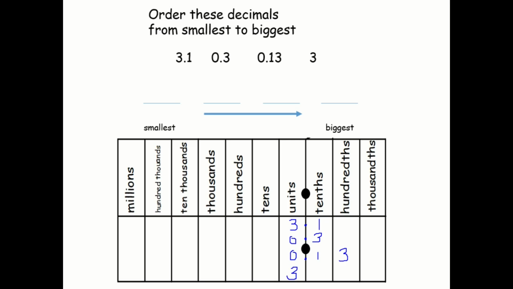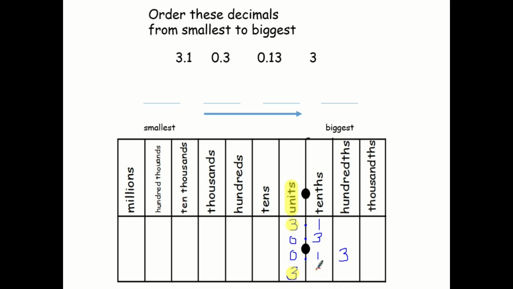Okay, so I'm going to look first at my units column. Well, I've got a 3, a 0, a 0 and a 3. Okay, so I've got two numbers that have got 3 in the units column and two numbers that got 0 in the units column. So I can see therefore that the 3's are going to be my biggest numbers, but let's compare them. Well, we've got 3.1 and we've got 3, but what do we say we could put here?